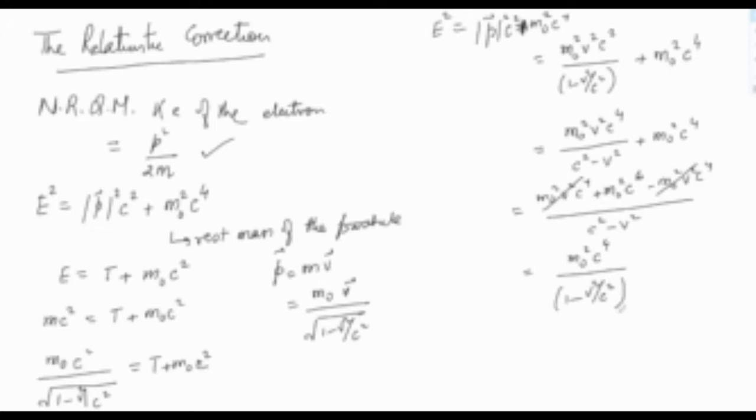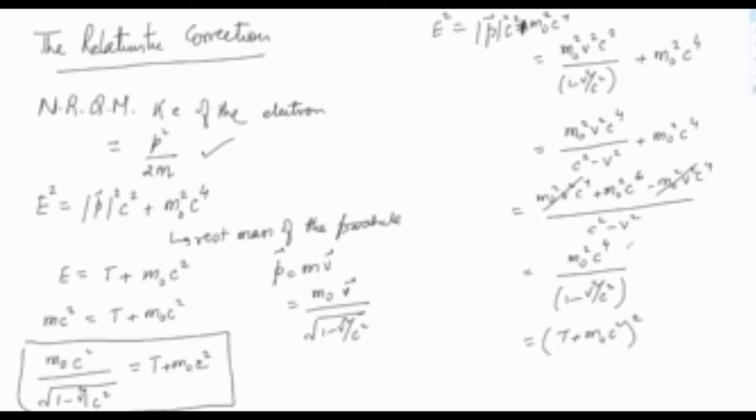And if you notice from this expression, which is equal to m naught c square upon square root 1 minus v square by c square, is T plus m naught c square. This implies that if we square both sides, this quantity is nothing but T plus m naught c square whole square. Therefore, E square you can write as T plus m naught c square whole square. Okay? And what is E square?